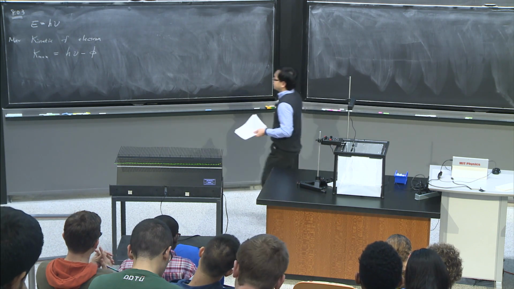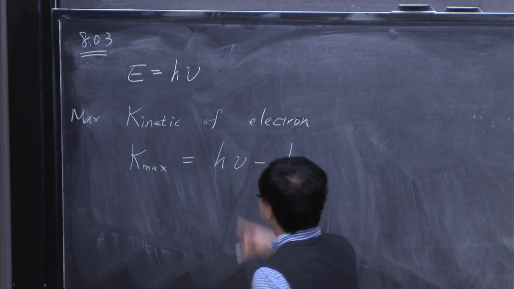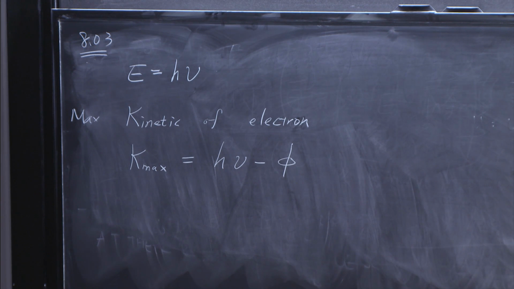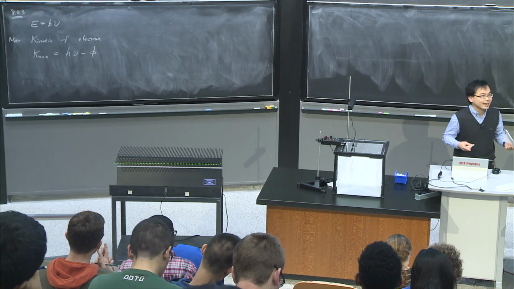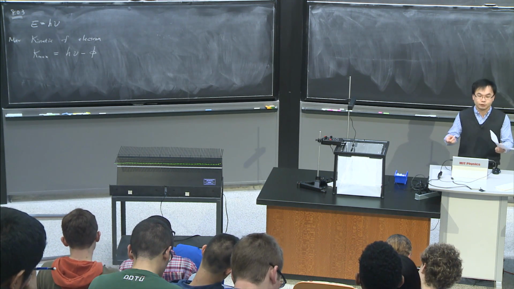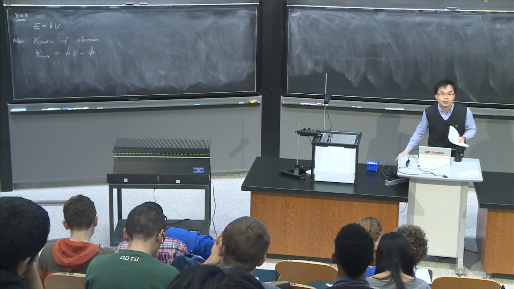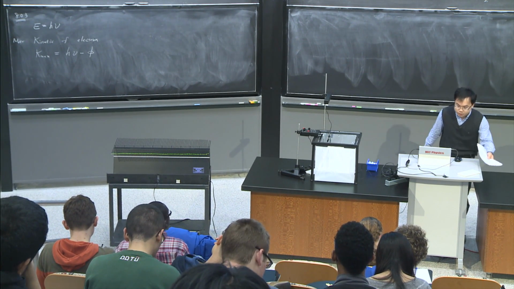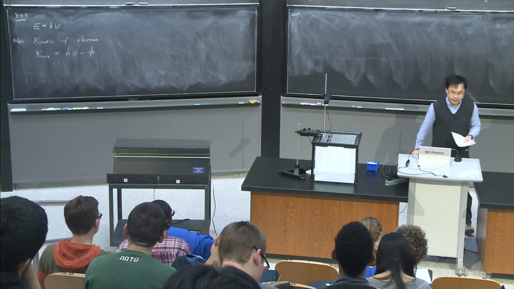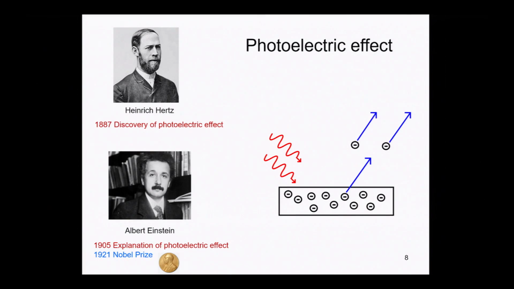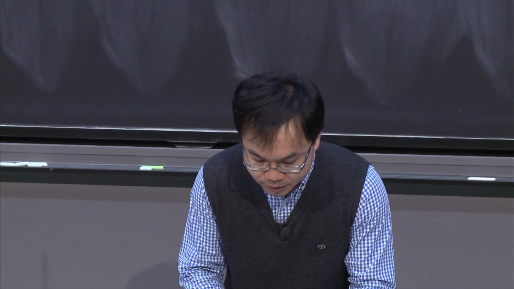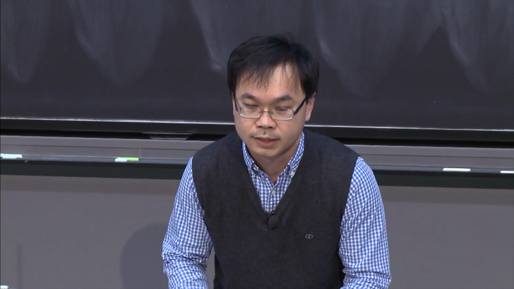But if the frequency is high, as shown by Hertz's experiment, it is possible, and you can also create energetic electrons, having them kicked out of the material. Okay? And this is verified by experiment, and that is why Einstein got the Nobel Prize in 1921.